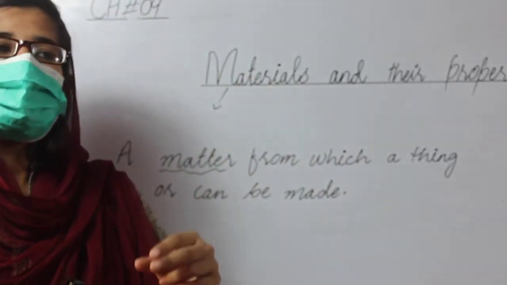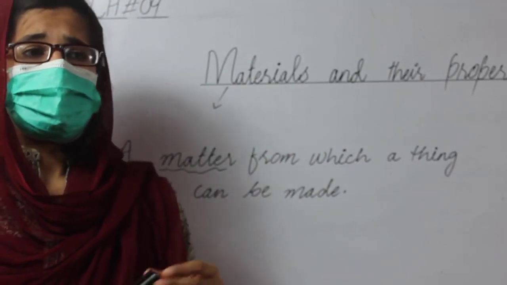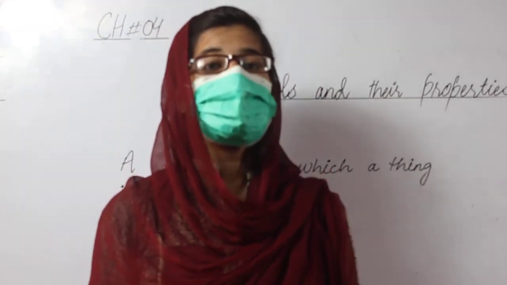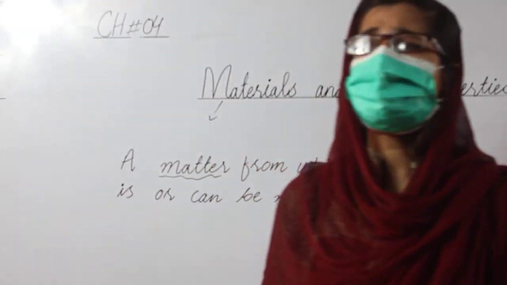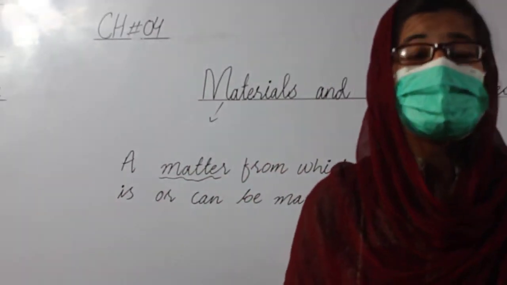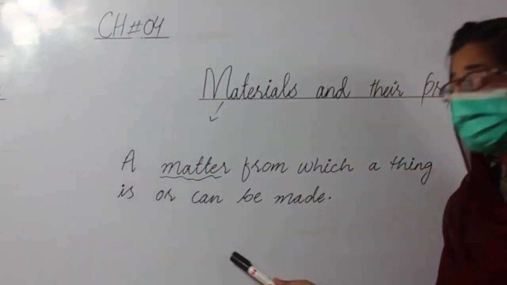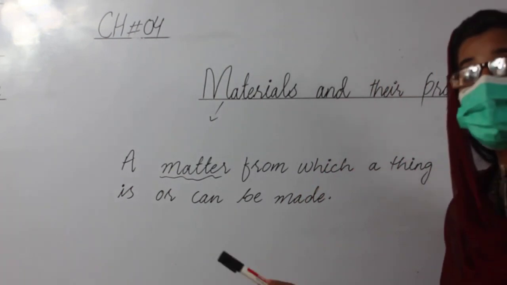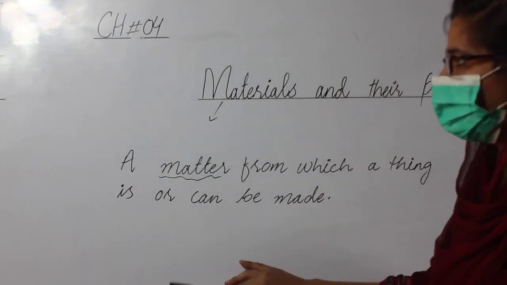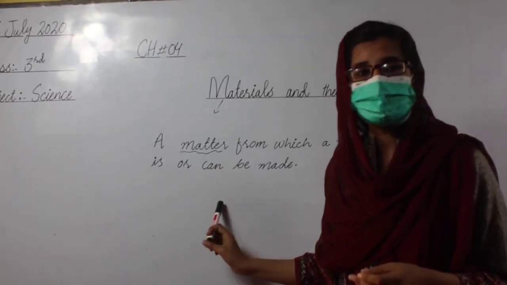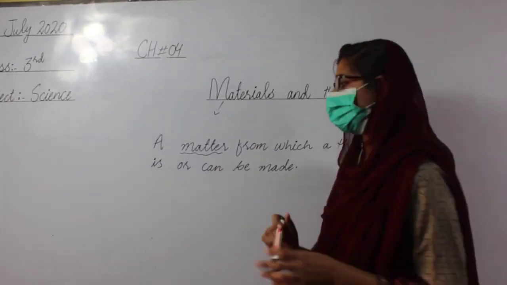A book is also a matter because it has weight and occupies space. Anything that has mass and occupies space is called matter. It's a whiteboard. It's also a matter because it has a lot of weight and it occupies space.